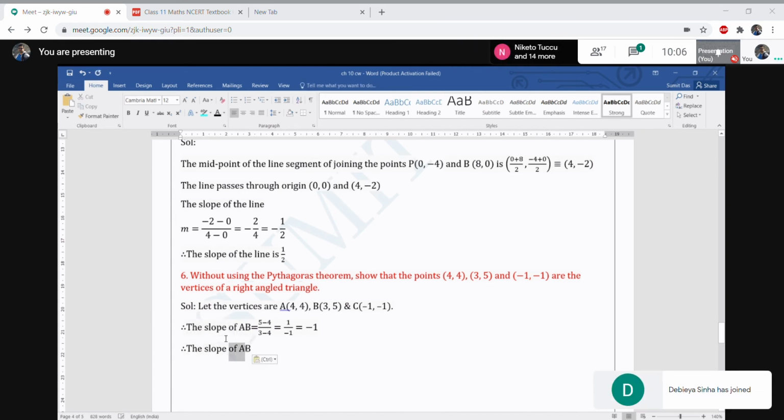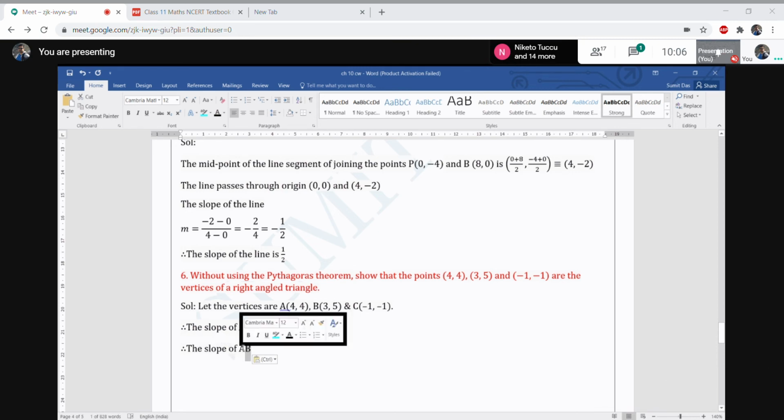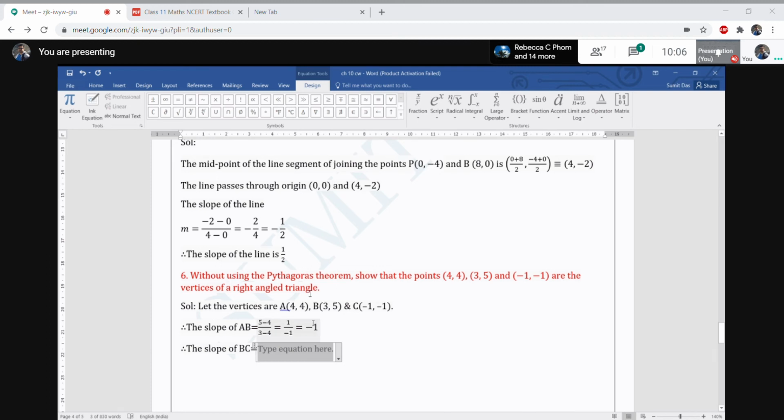Slope of BC will be equal to y2. What is y2? y2 is -1 minus y1. What is y1? 5. Okay. Then x2. What is x2? -1 minus 3.